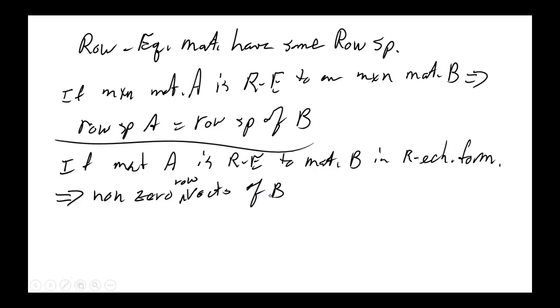When you have it in row echelon form, that forms a basis, both for B and A. Obviously for B, but also for A.